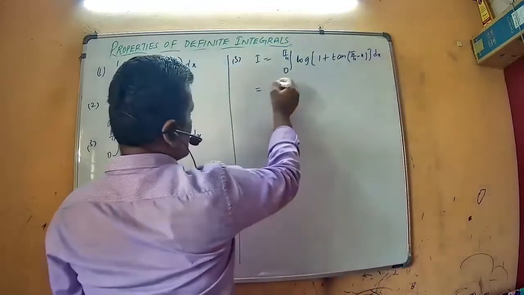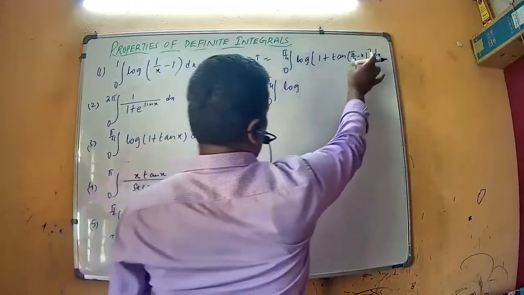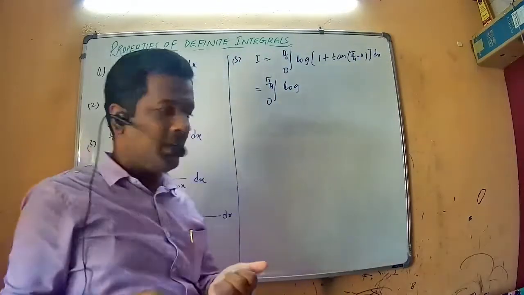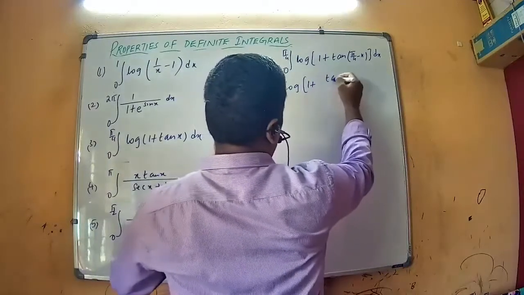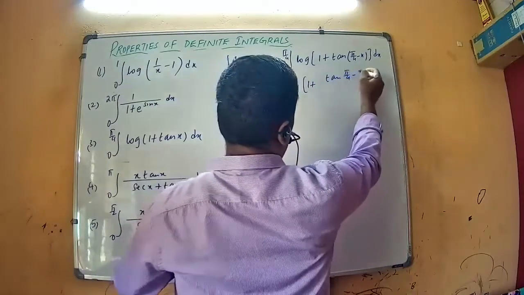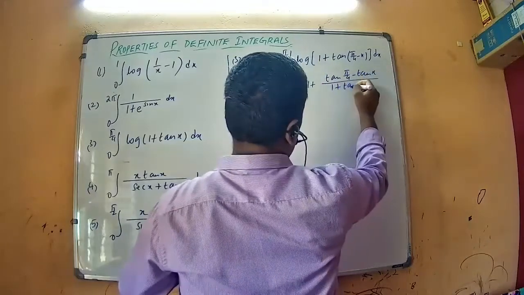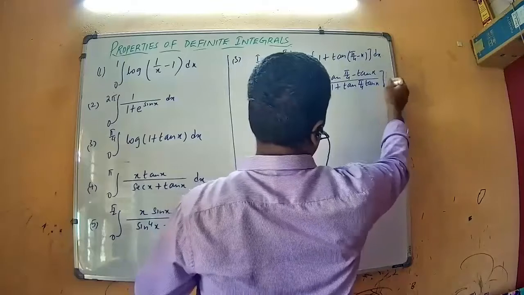Now a little simplification. Log of tan of (pi by 4 minus x) appears like tan of (a minus b). The tan of (a minus b) formula is (tan A minus tan B) by (1 plus tan A tan B). Here A is pi by 4 and B is x.